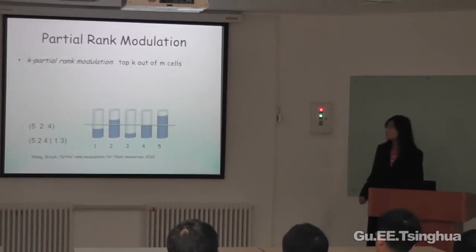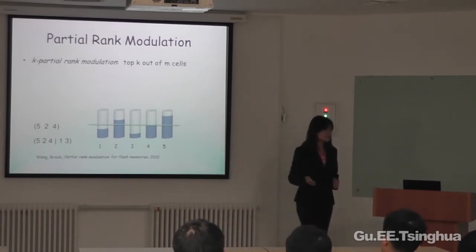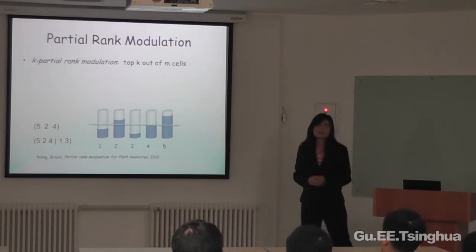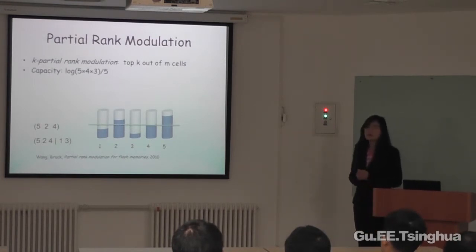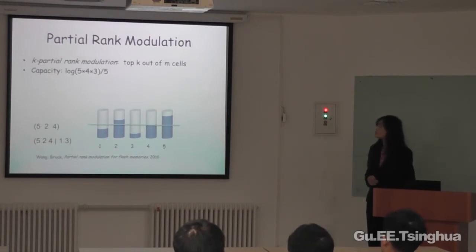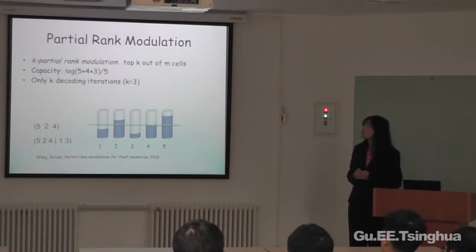In this case, the ordering of 1 and 3 could interchange, and only the top 3 cells represent the message. The capacity is smaller, it's 5 times 4 times 3, and we have a lower decoding complexity, which is k.